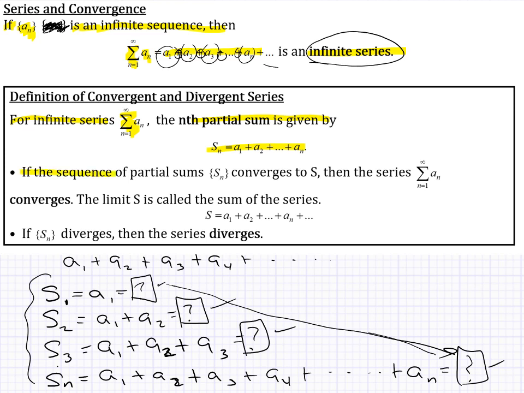If the sequence of partial sums converges to, say, s, then the series converges. Not only that, the series converges to s. The limit s is the sum of the series. Okay?